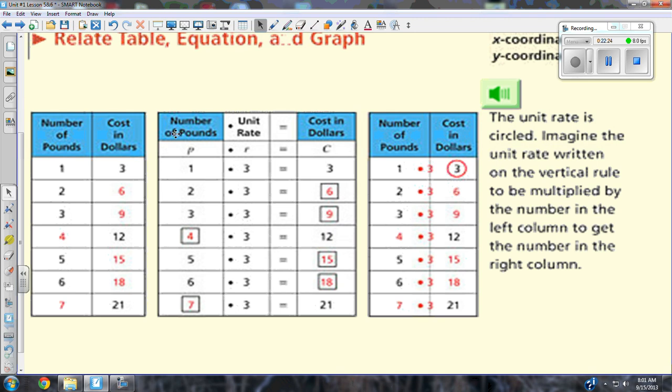So all it's doing is adding that side over here. Number of pounds, 1 times 3 is 3. So the unit rate is circled. Imagine the unit rate written on the vertical row to be multiplied by the number in the left column to get the number in the right column. 2 times 3, 3 times 3, 4 times 3. Okay?